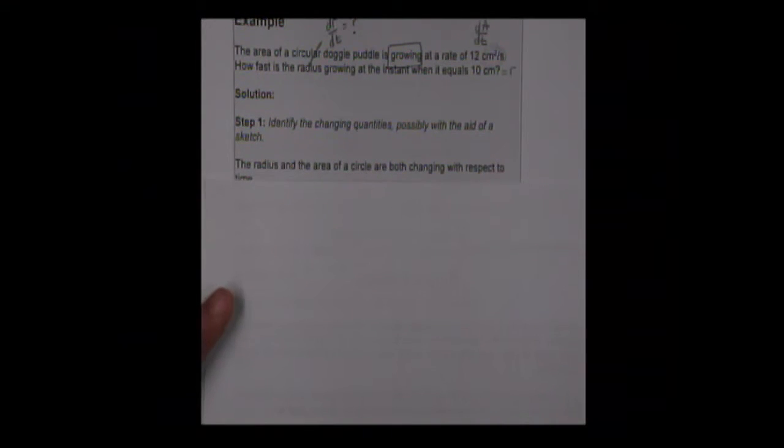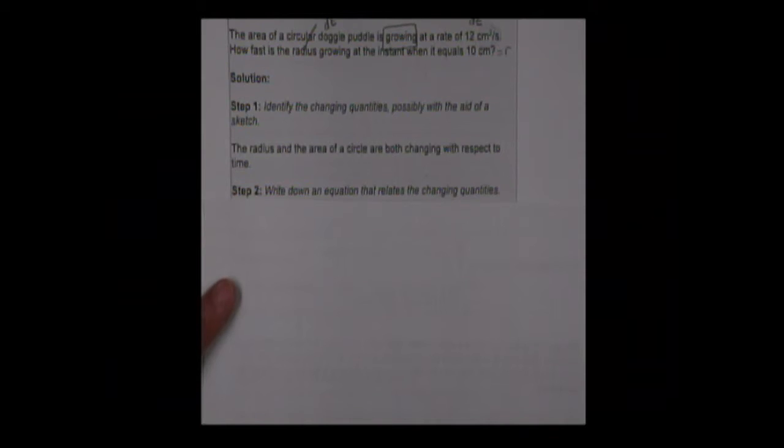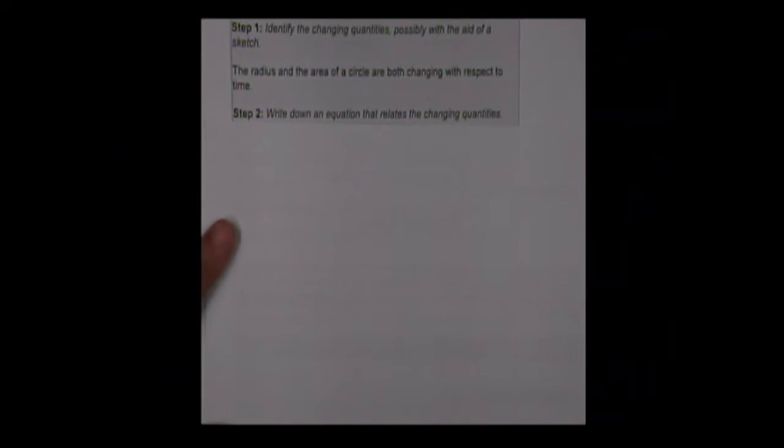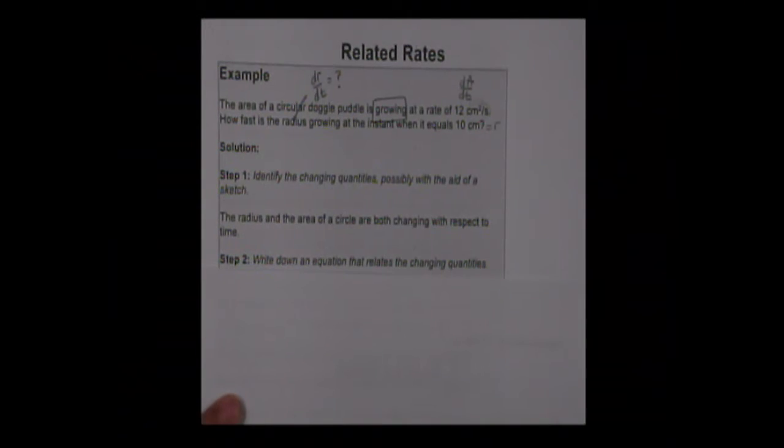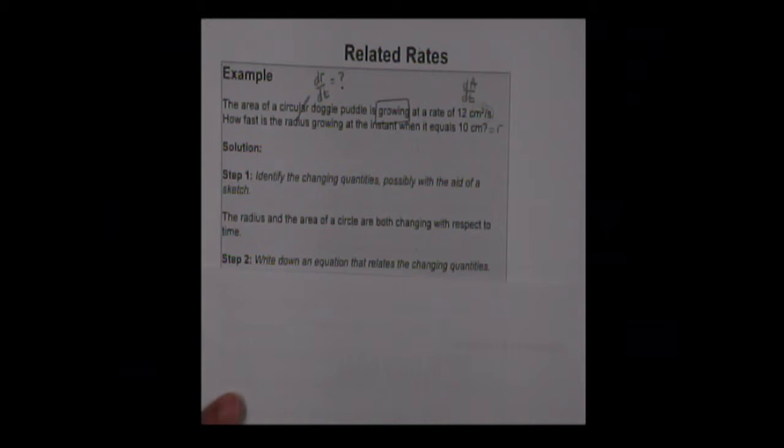So, see that step one I said? Identify the changing quantities, possibly with the aid of a sketch. Well, radius and the area. And I actually did some of the number stuff of what they are. Step two said write down the equation. Well, it's the area of a circle, right?